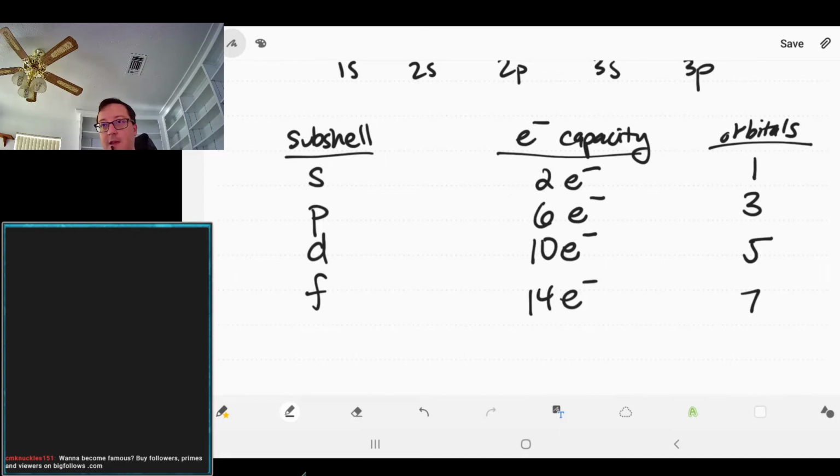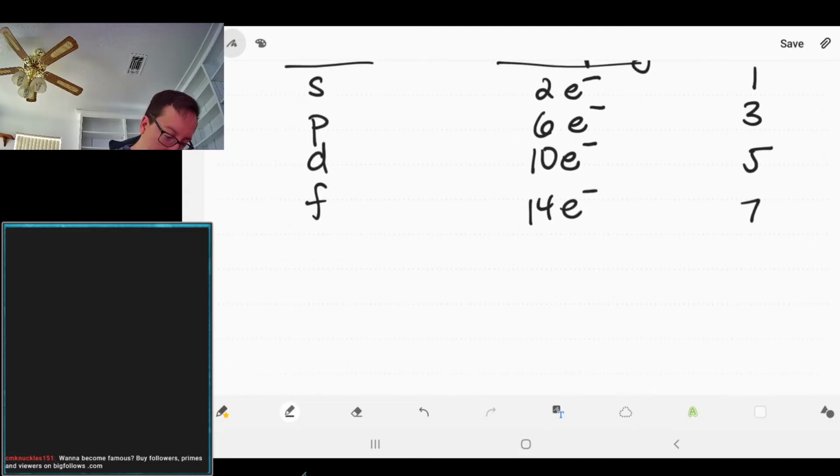All right. So we have some interesting things to do on the periodic table. Some patterns that we're going to pick up.